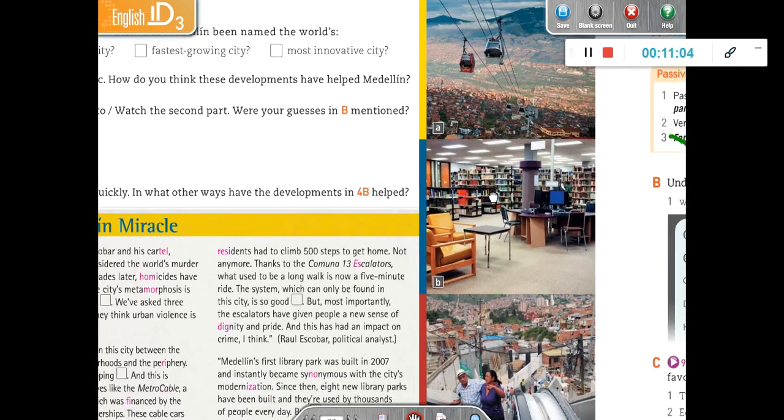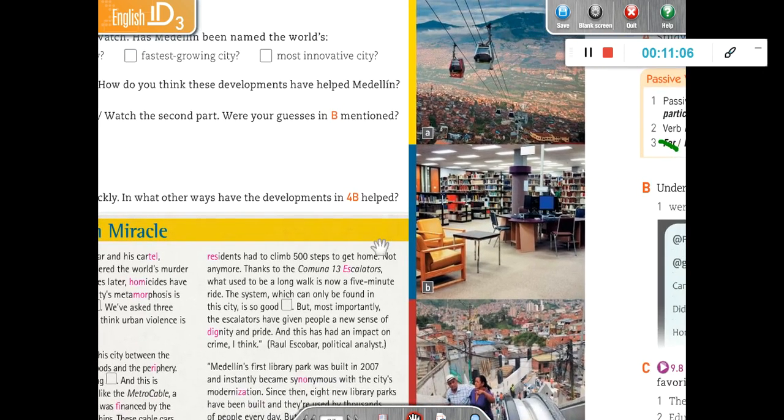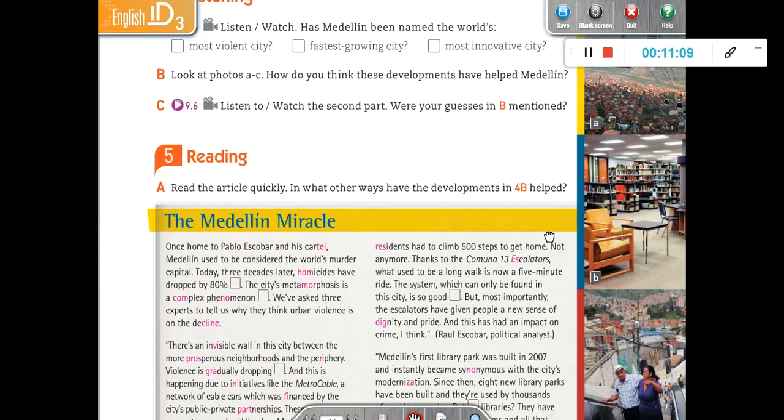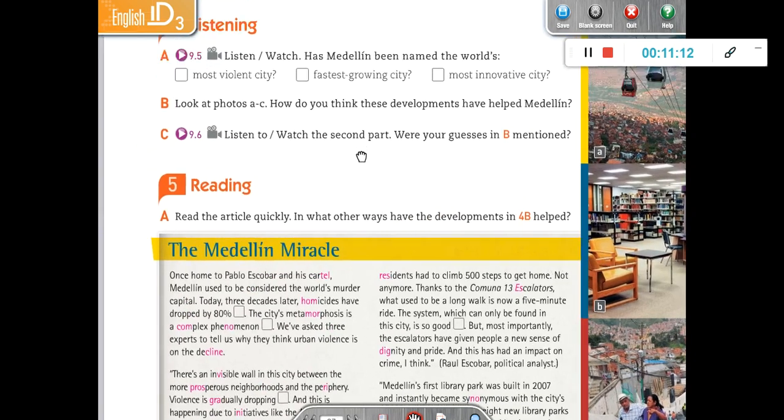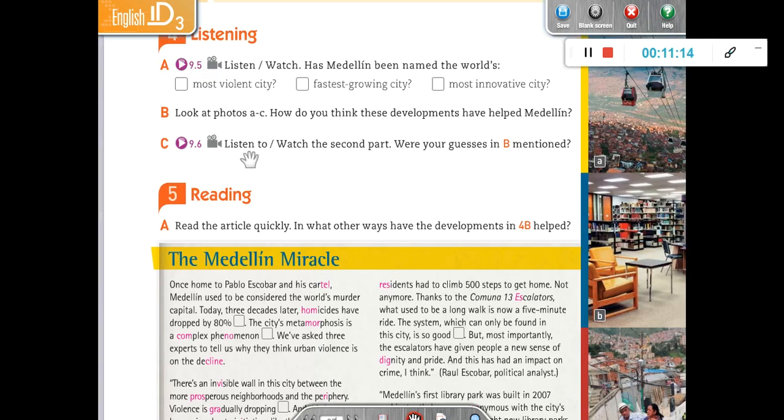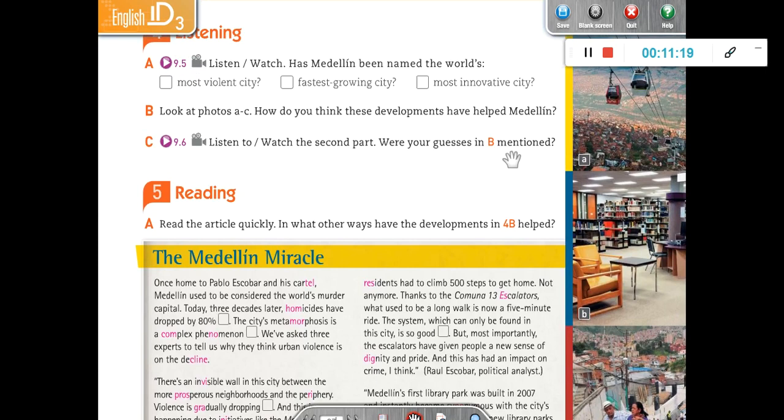Yeah, we listened about this. How? Think about it, okay? It is not necessary that you write it down, but it is important that you think about it. Then we're going to watch the second part. Were your guesses in B mentioned?